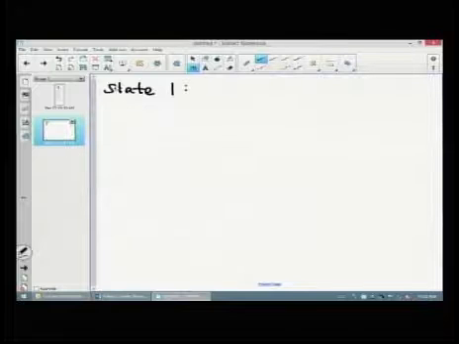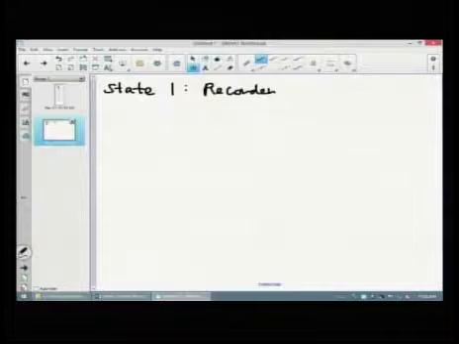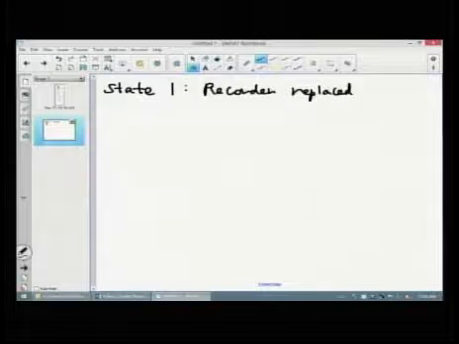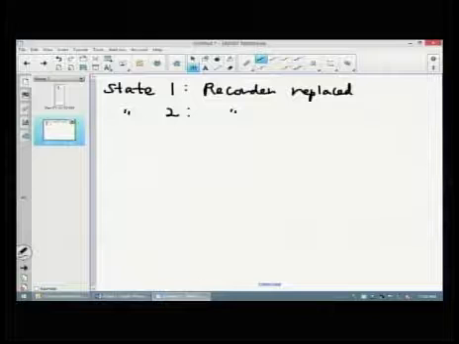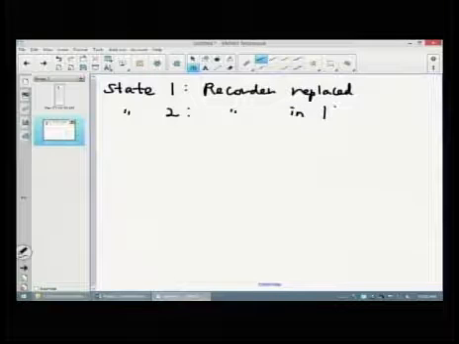In our case, the first state represents the recorder replaced. State number 2 represents the recorder in the first year.